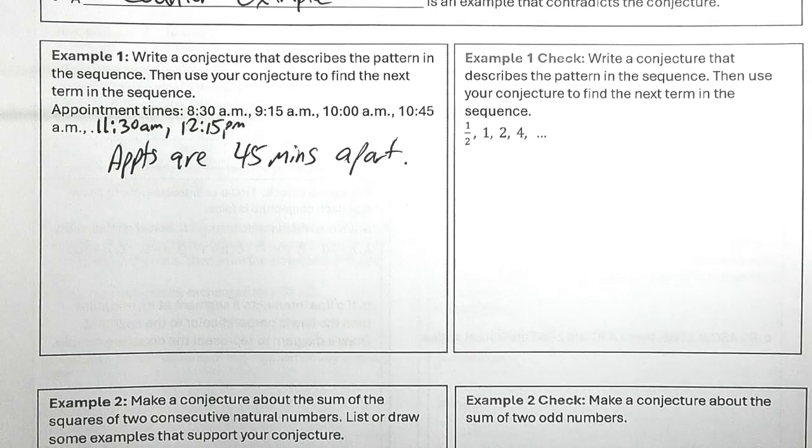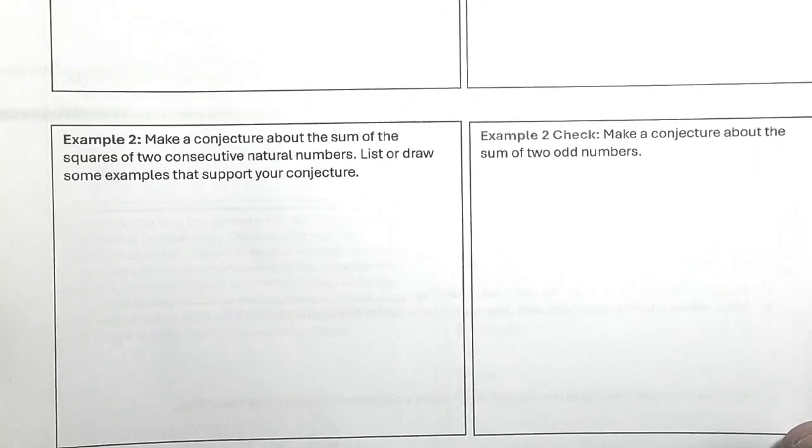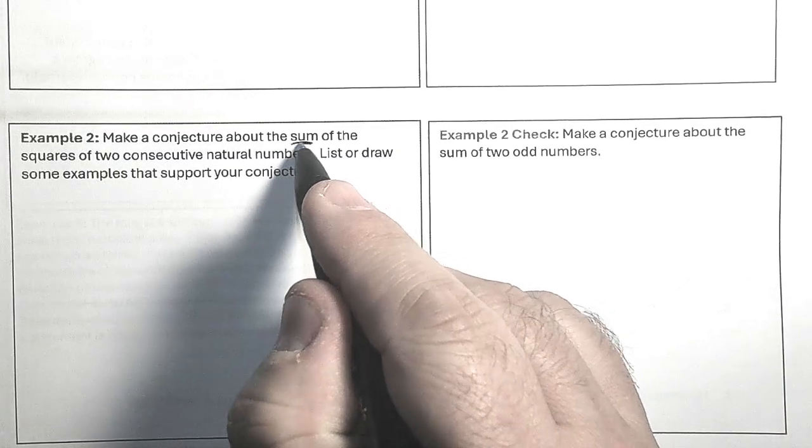Okay? I'm going to scooch down the page. All right, example 2. Make a conjecture about the sum of the squares of 2 consecutive natural numbers. List or draw some examples that support your conjecture. Okay, so it's asking us to write a conjecture, which is a statement. So the sum, you think mathematically.